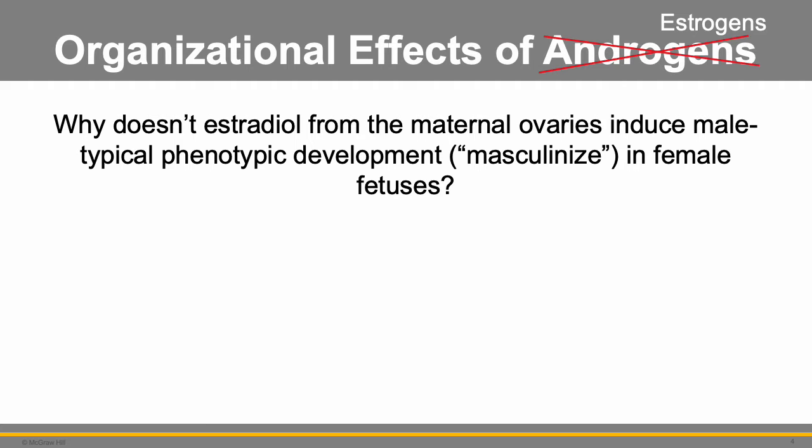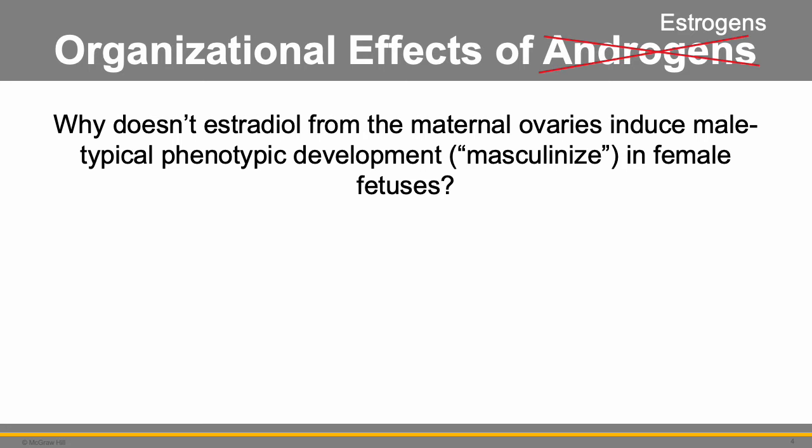So here's a question that I'd like you to pause and think about. Why doesn't estradiol from the maternal ovaries induce male typical phenotypic development? Something in the field that they've called for a long time masculinization. And we can have a whole discussion about the problems of this terminology.